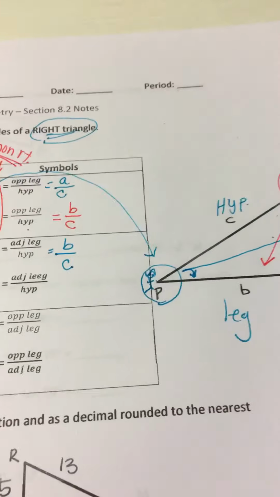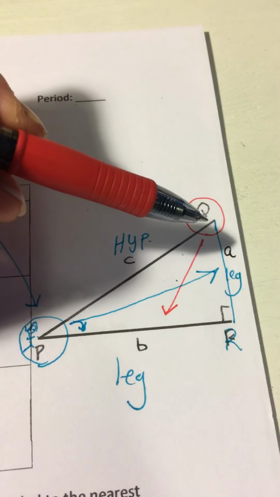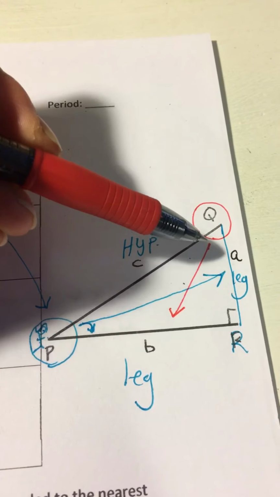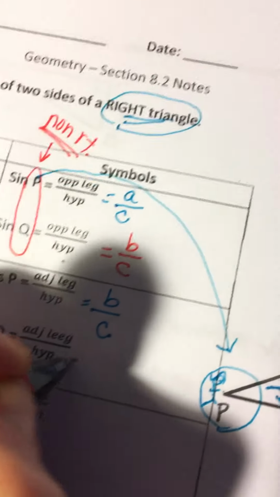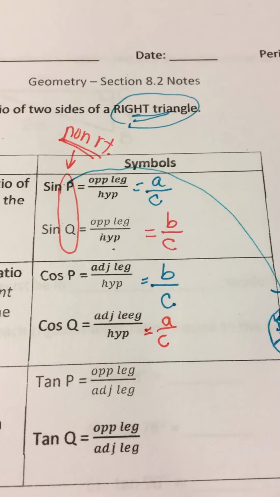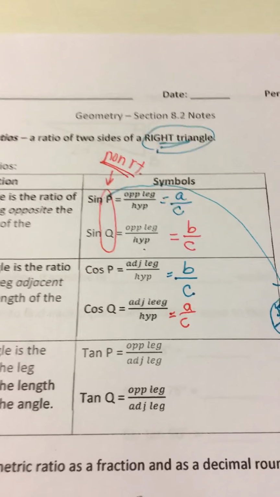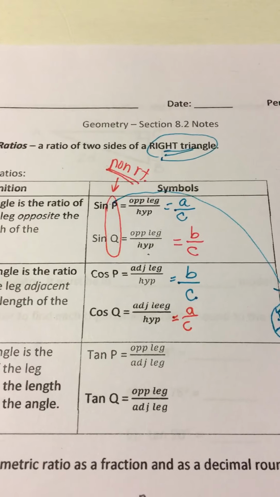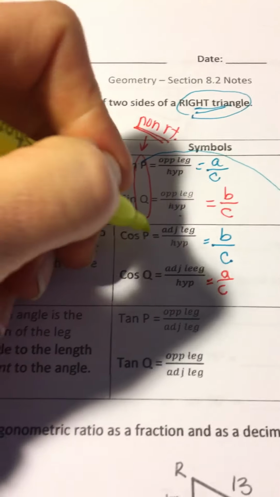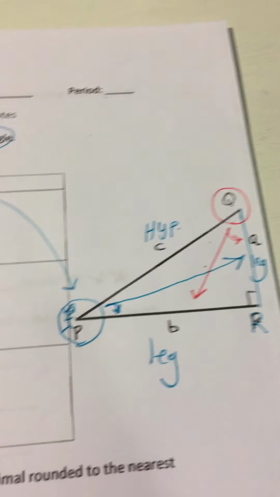And the cosine of Q, now your point of reference changes, is going to be the leg next to angle Q. Okay, so that would be A over the hypotenuse, which is C. So I will write A over C. All right. So the cosine of P and the cosine of Q, and again, remember, these are our non-right reference angles, and I always circle my reference angles in my picture when I'm doing these problems because it makes it a lot easier.